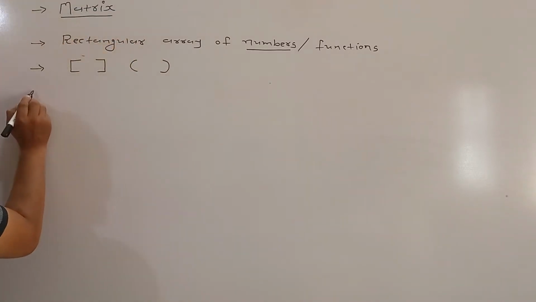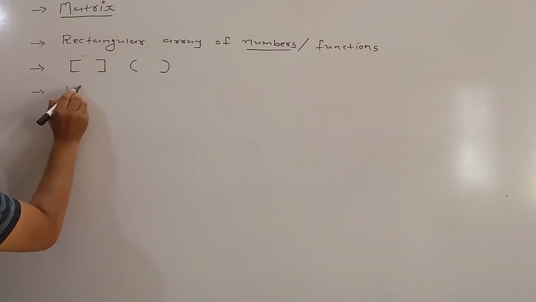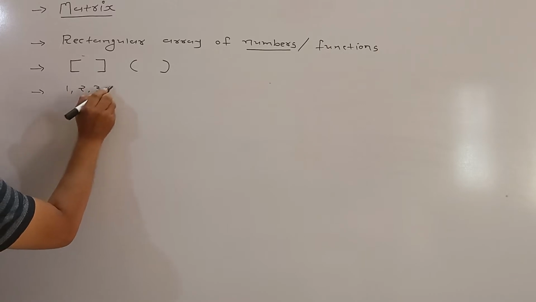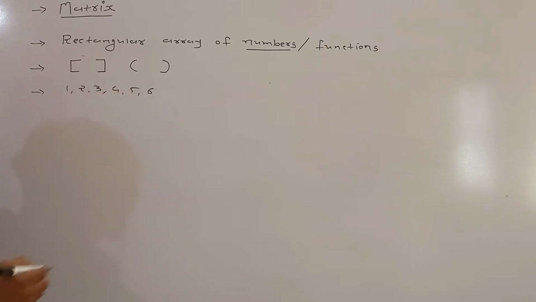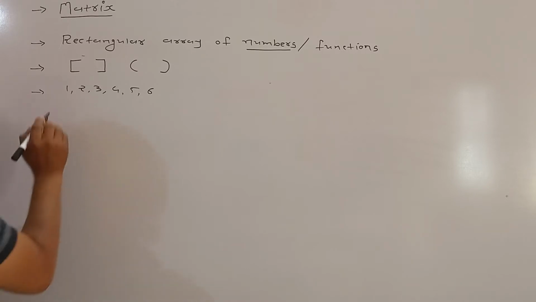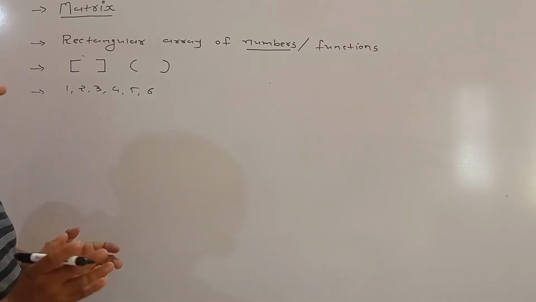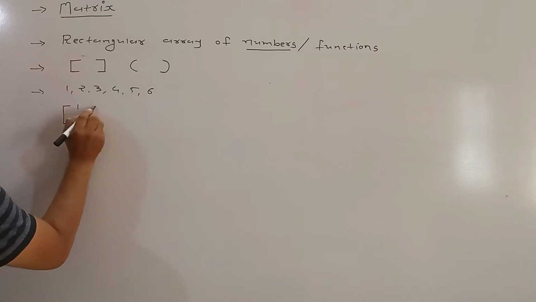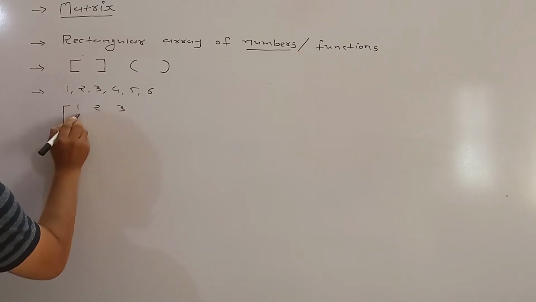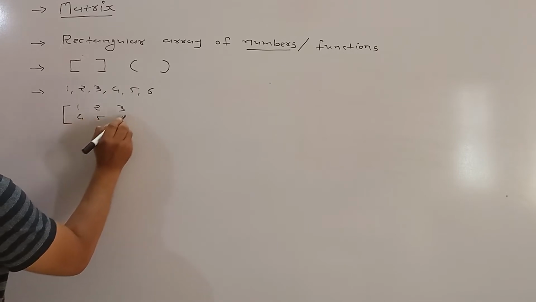For example, 1, 2, 3, 4, 5, 6. Now we have to arrange them in a close bracket. Let us see, 1, 2, 3, 4, 5, 6.